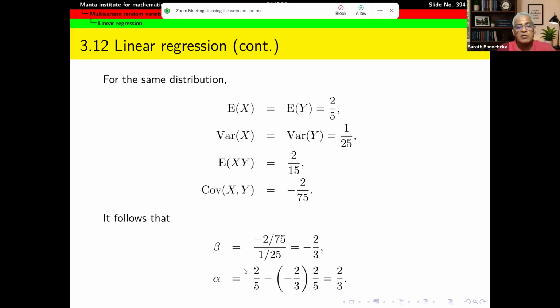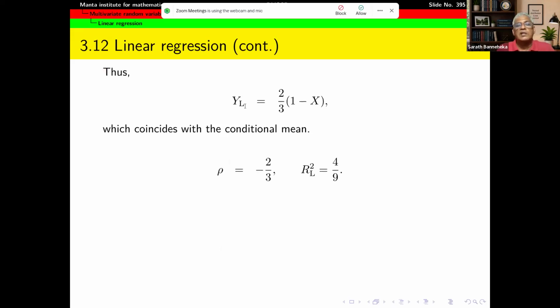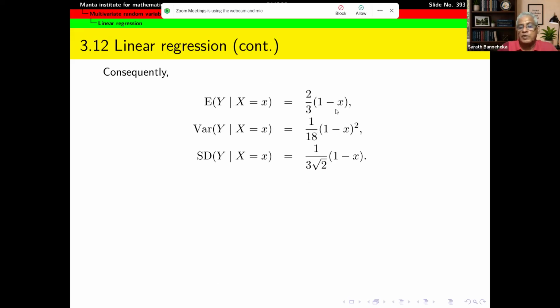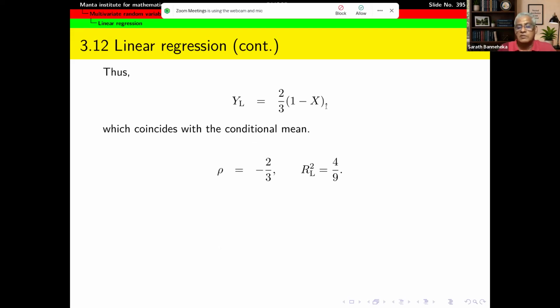So that is this number. Alpha is equal to mu y minus beta times mu x. You get this expression. So therefore, Y L is equal to this one. That is the least squares regression predictor. And expected value of y given x is 2 over 3 times 1 minus x. So this is the same as this.